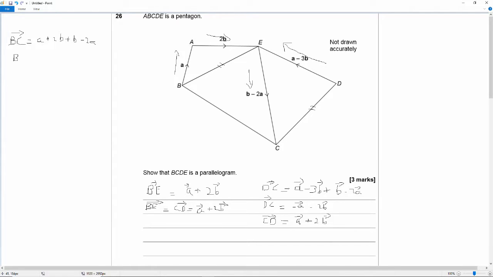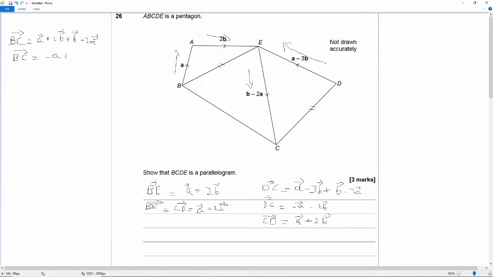So BC is equal to, actually I should write these in case I forget. So BC is equal to A minus 2A is negative A, and 2B plus B is equal to 3B.